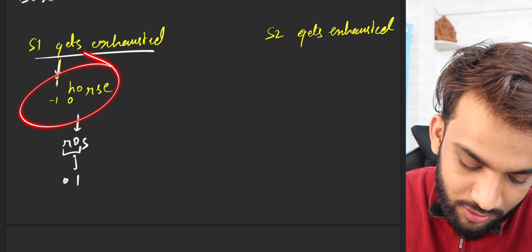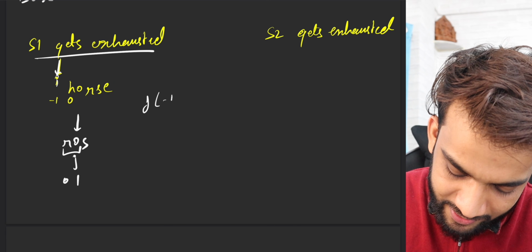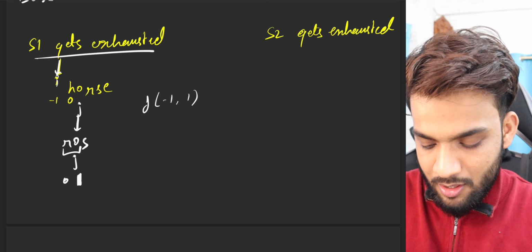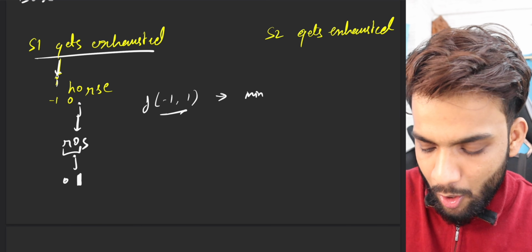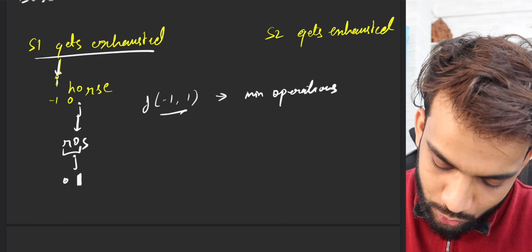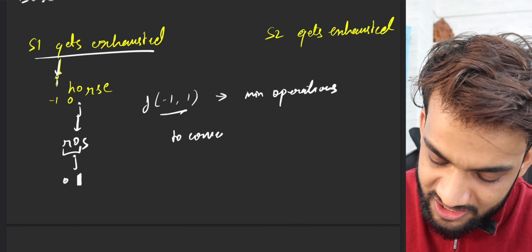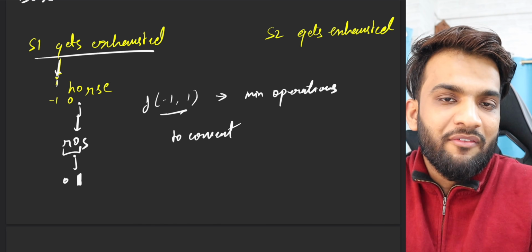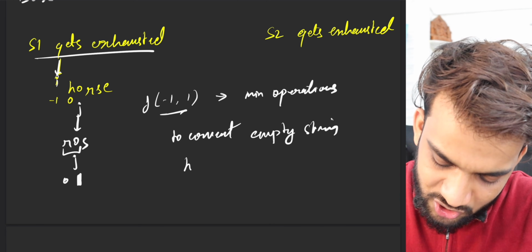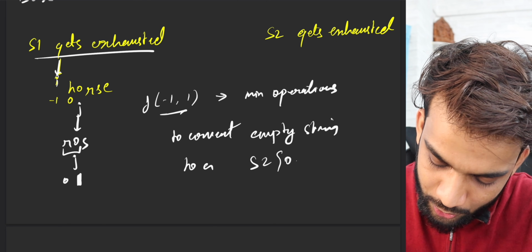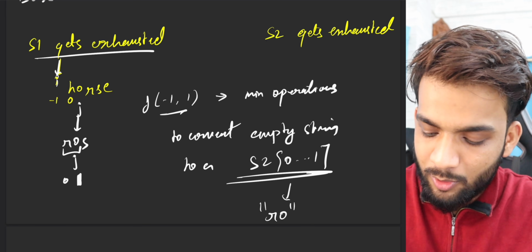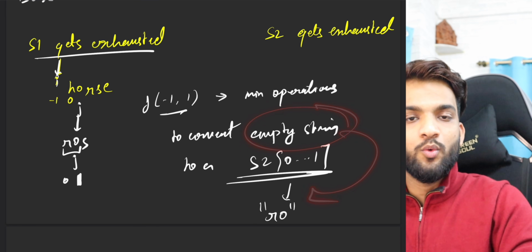Let's understand what this signifies. F of -1 and 1, because this is where the J is. That means the minimum operations to convert an empty string, because -1 means you don't have any string, to a string from 0 to 1, which is nothing but RO. What are the minimum operations to convert an empty string to RO?